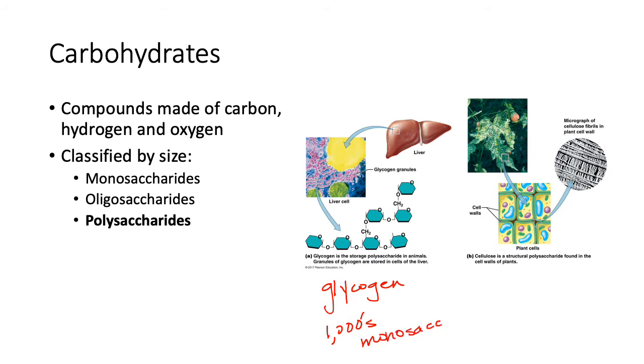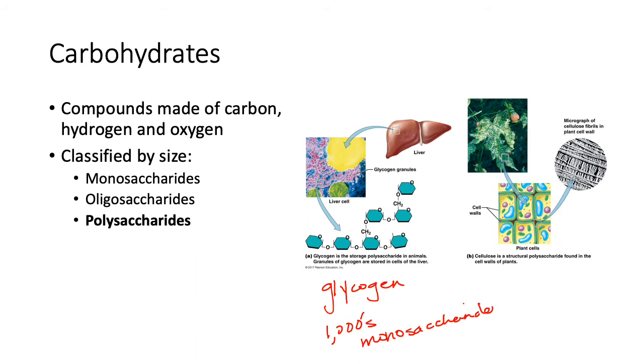So this picture that you're seeing here on the left-hand side is just a simplification of that. In this, we've only linked 7 monosaccharides together, but in reality, there's thousands linked together. And this is really how our body stores energy.